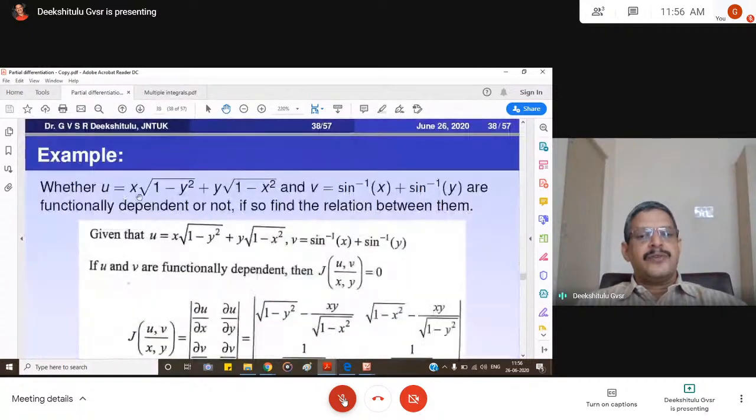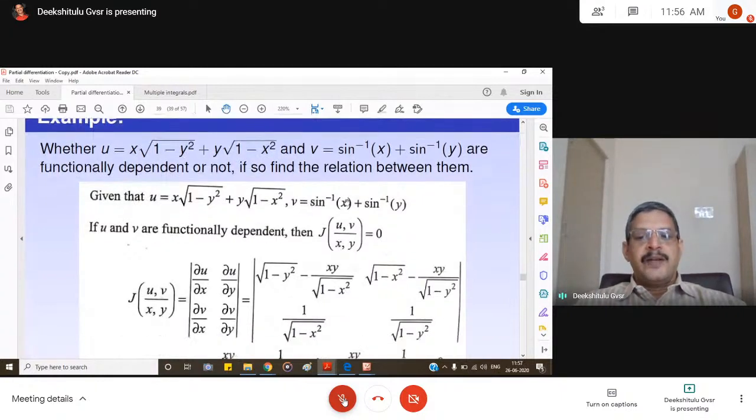u is equal to x into square root of 1 minus y square plus y into square root of 1 minus x square, v is equal to sin inverse x plus sin inverse y. Are they functionally dependent or not? You have to check whether these two functions are independent or not. So this is u, this is v. Find the Jacobian.